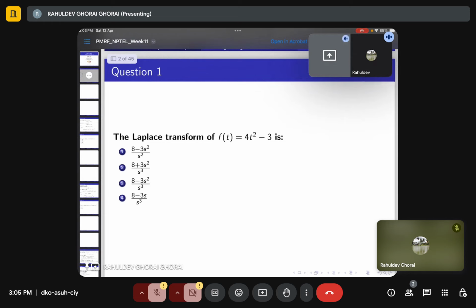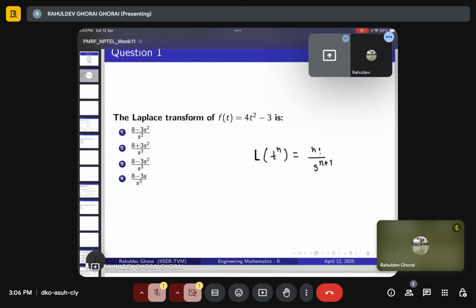To begin with, what are the things we know first? The Laplace transform of t to the power n we know as n factorial over s to the power n plus 1.